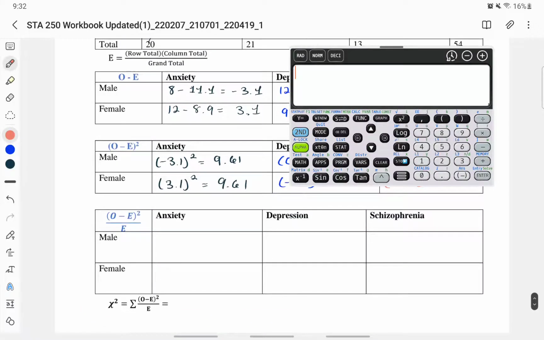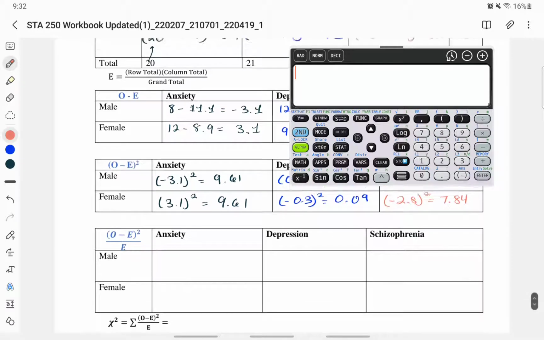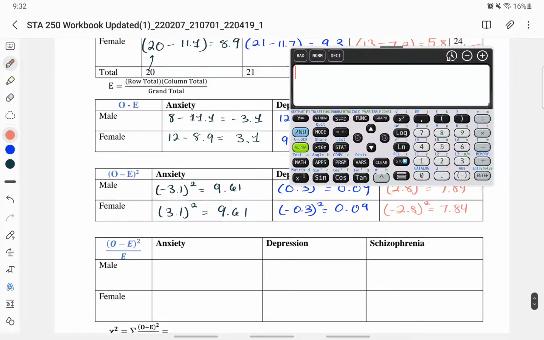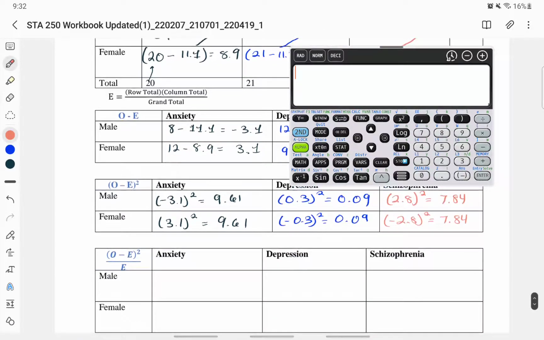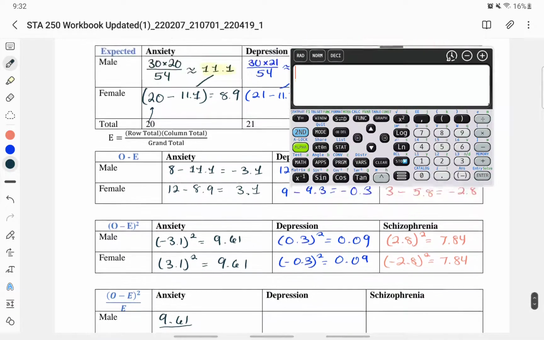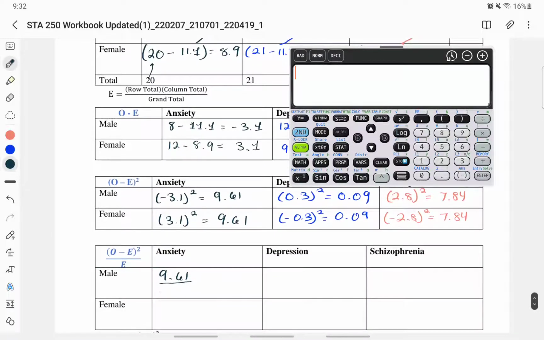And the second to last part is going to be the squares divided by the expected frequencies. So for male and anxiety, that's going to be 9.61 divided by the expected count, for male and anxiety, that is 11.1.